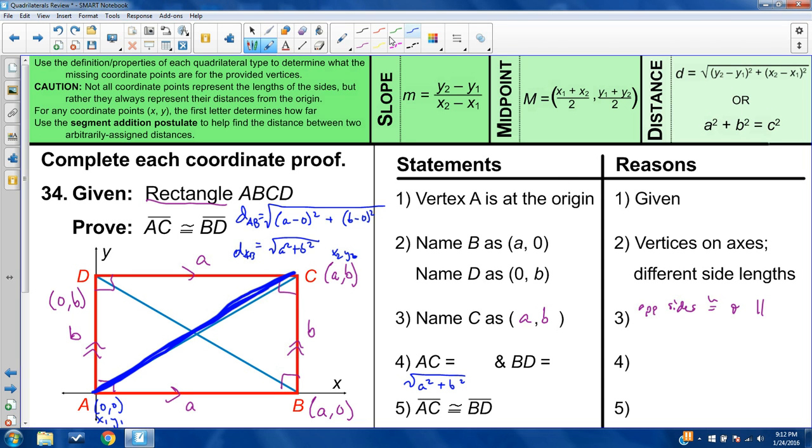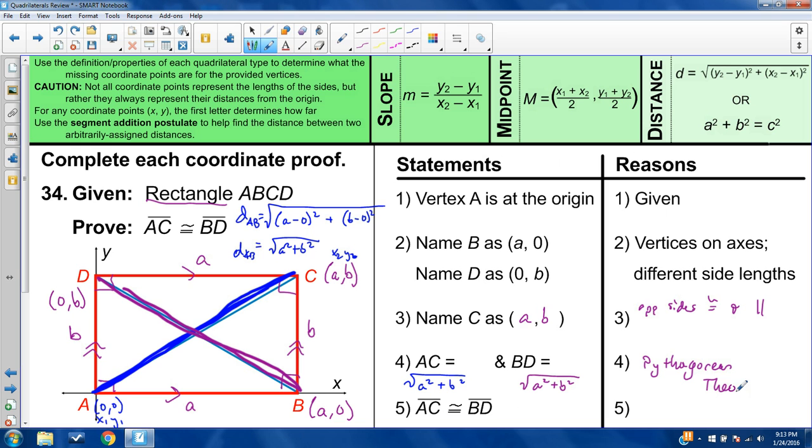let's do the distance from D to B, or BD now, which also uses A units this way, B units this way. So if BD squared is A squared plus B squared, BD is the square root of A squared plus B squared. The reason I'm using is the distance formula, or better yet, the Pythagorean theorem.